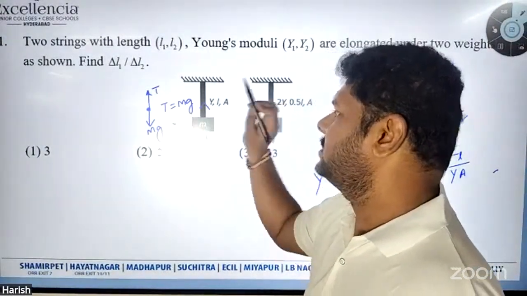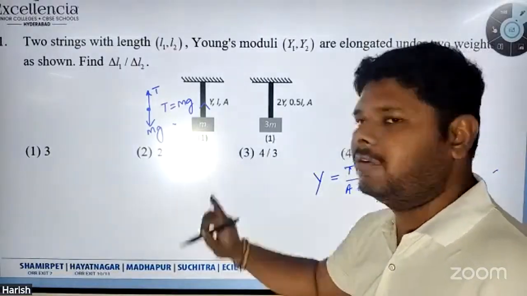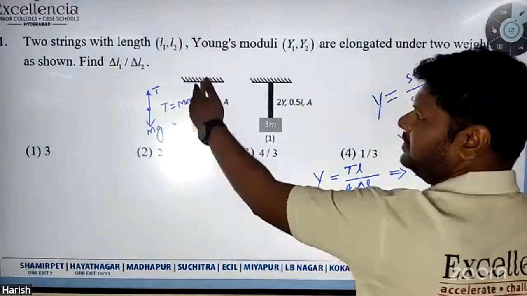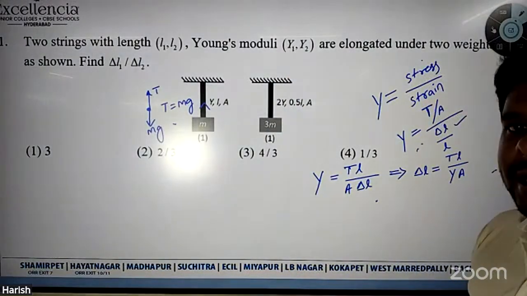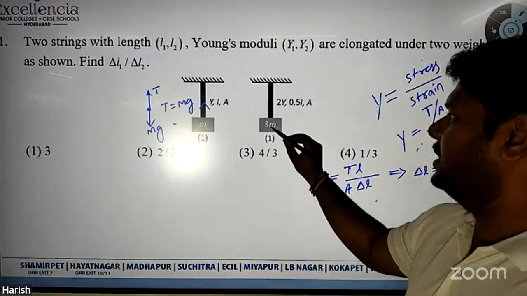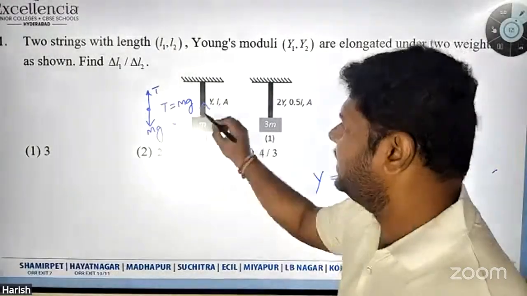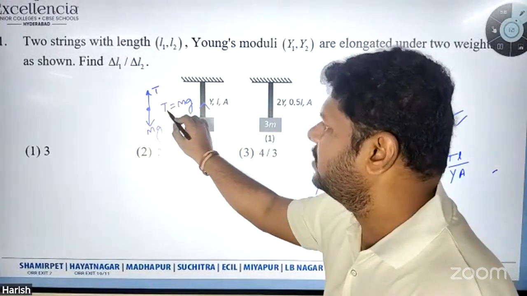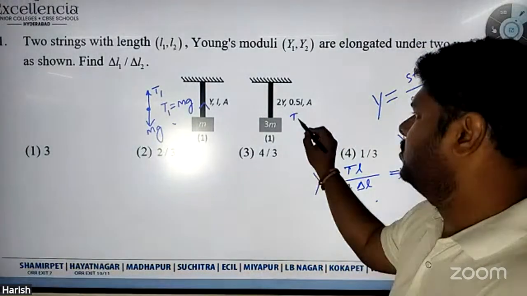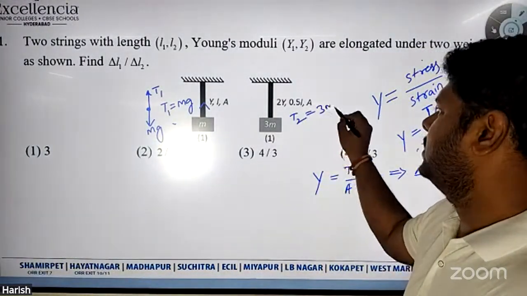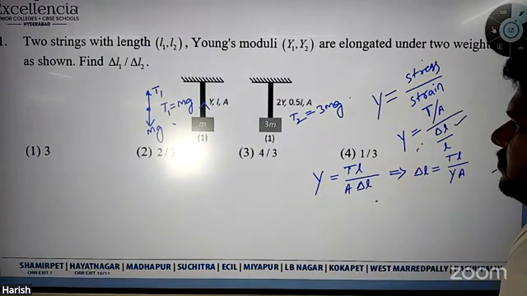So tension in the string is nothing but the weight of the block. Tension in the first string is mg, whereas tension in the second string is 3mg, because the mass of the block is 3m. So I take the tension in the first as T1, which will be mg, and the tension in the second as T2, which comes out to be 3mg.